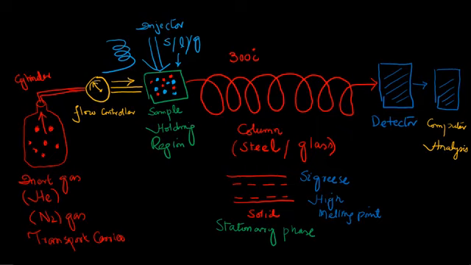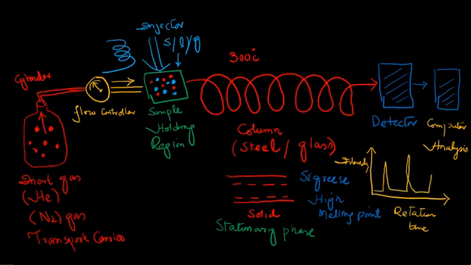On the basis of that, the computer analysis system will draw a graph, which is usually based on retention time and intensity. We get a peak from the computer analysis system, and the graph achieved by gas chromatography is known as a gas chromatogram.